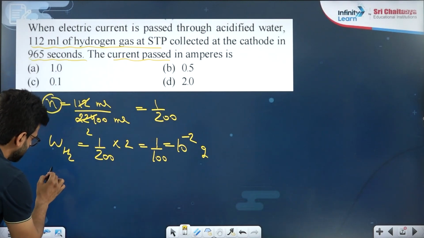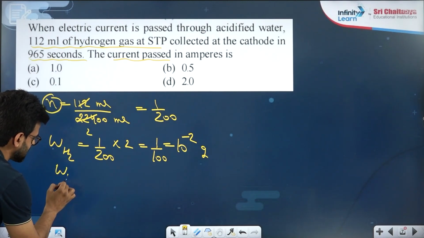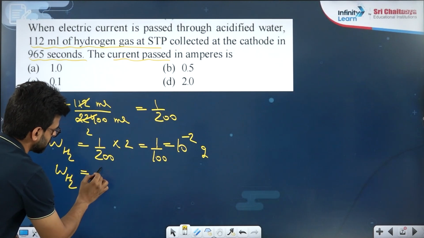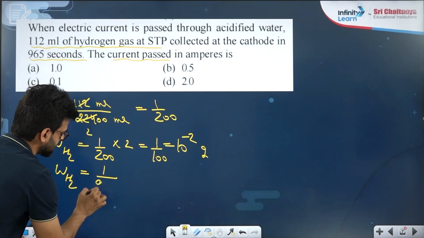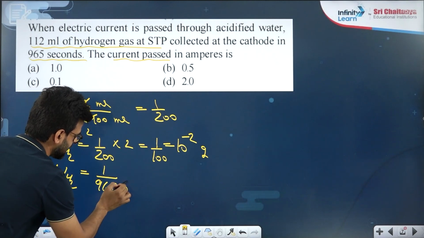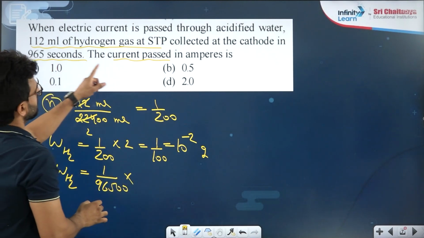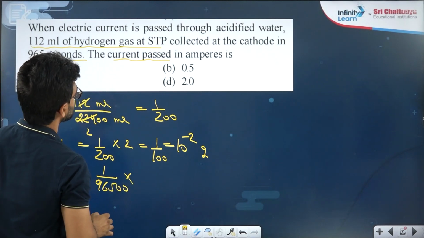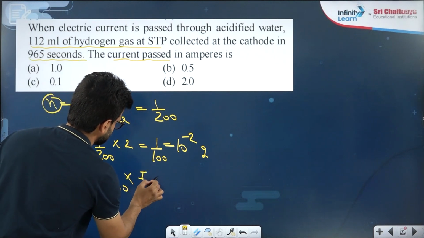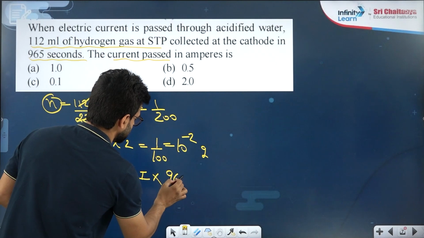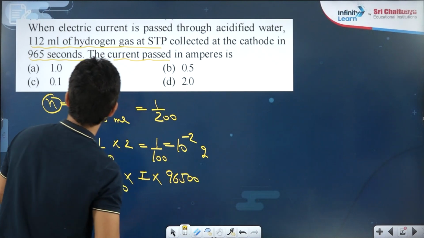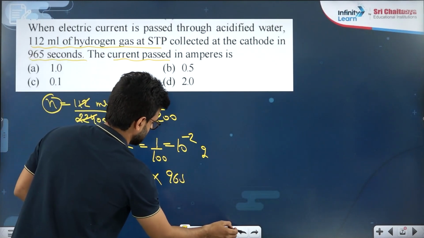Now we come to the formula easily. The weight of H2 gas evolved equals Z, the equivalent weight of H2 is 1, over 96500, into I T. What is I here? We have to find I, and the time they have given us is 965 seconds only, right?